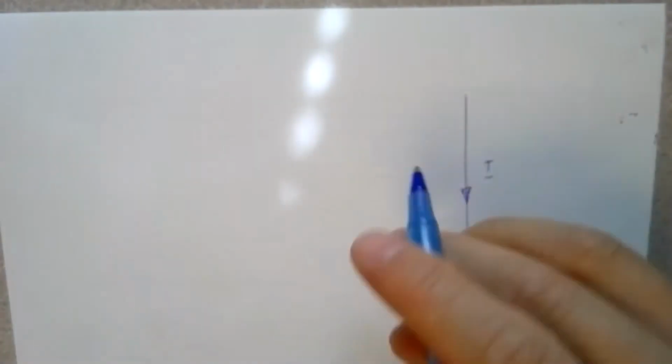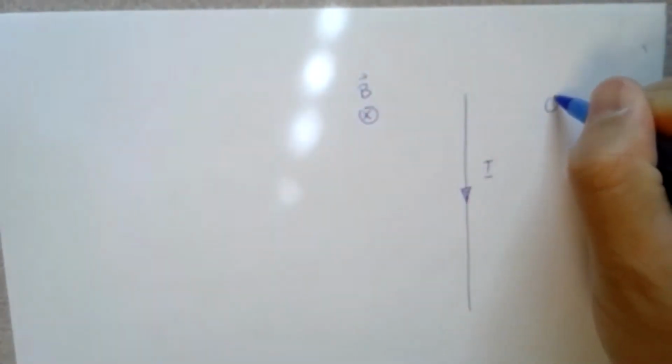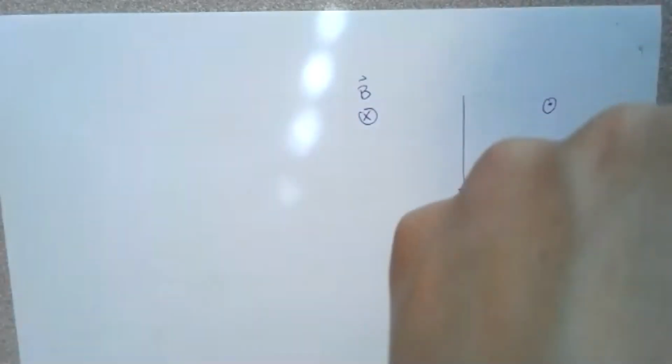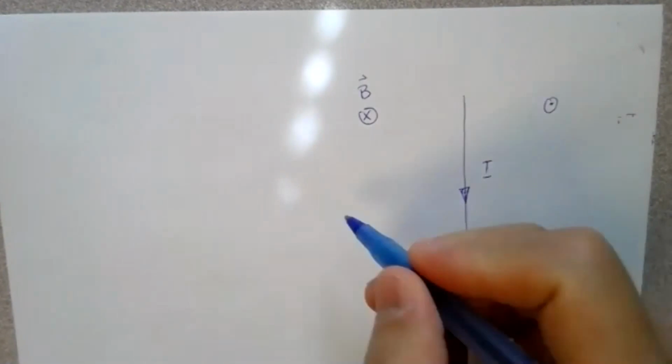So on this side of the paper, the B field will be going into the paper. Okay, so that's the B field. On the other side of this it will be coming out of the paper, because it goes in, comes out, on the other side.